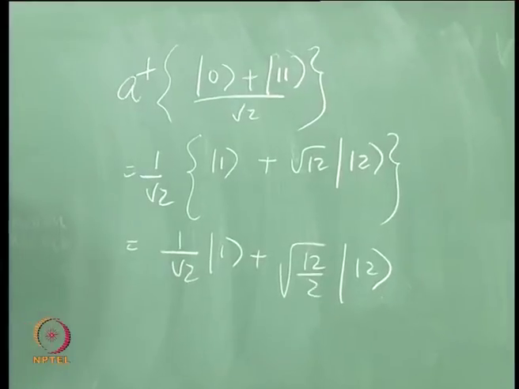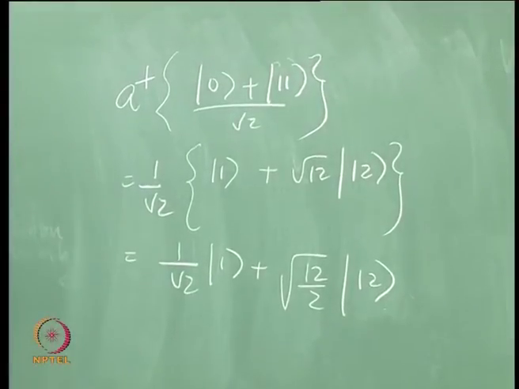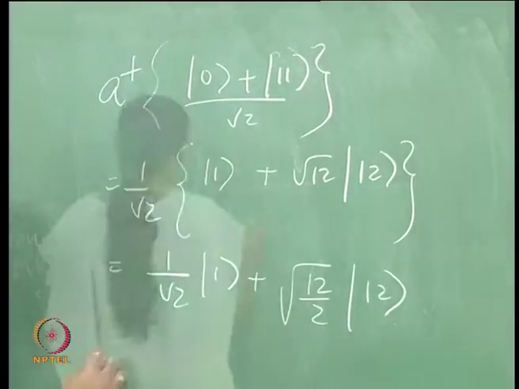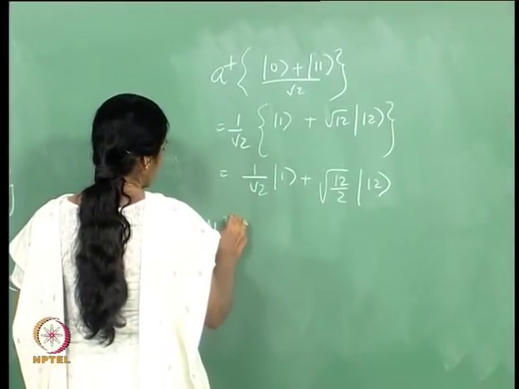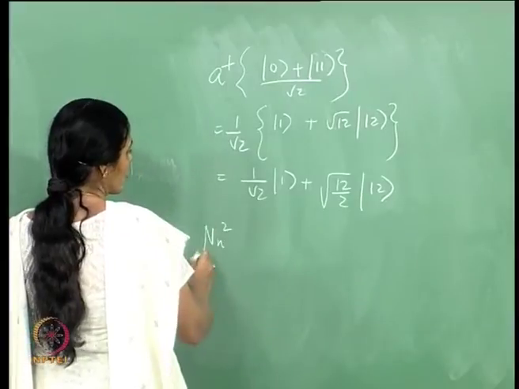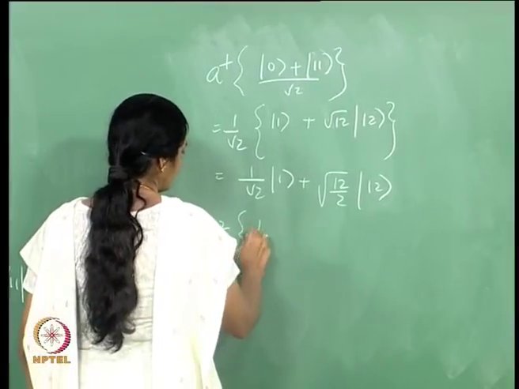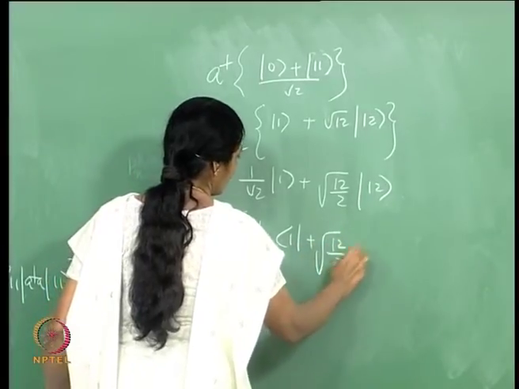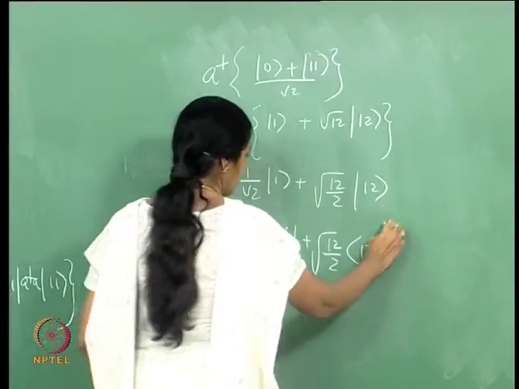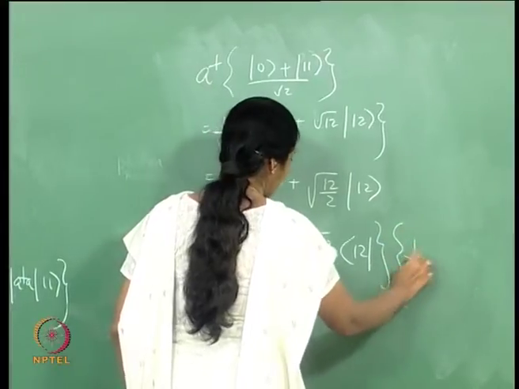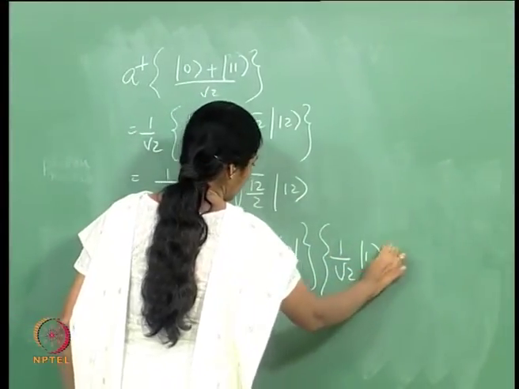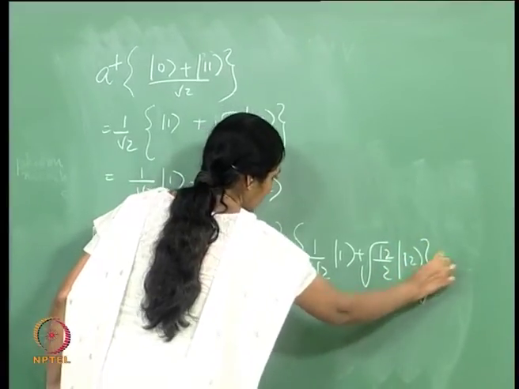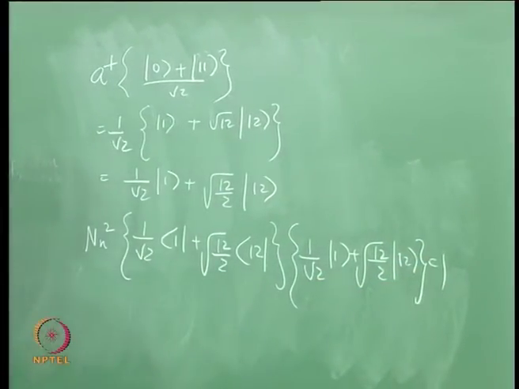This is not a normalized state. I need to normalize this state. So, I need to consider N squared, which is the square of the normalization, times the inner product of the state with itself, and that should tell me what the normalization factor is.